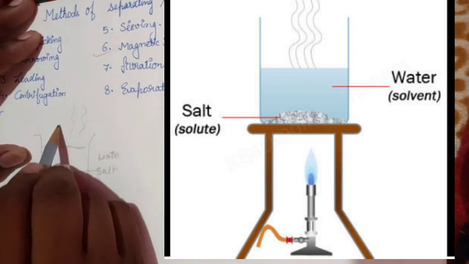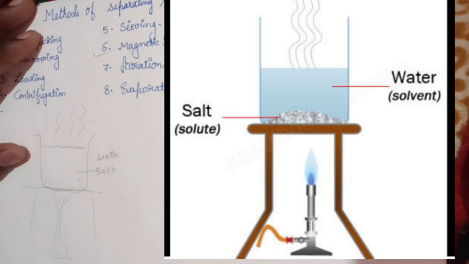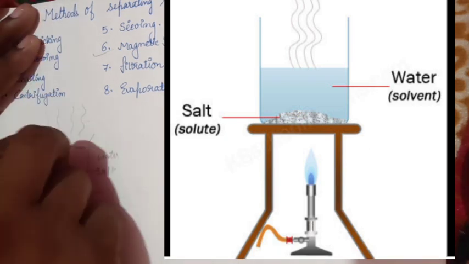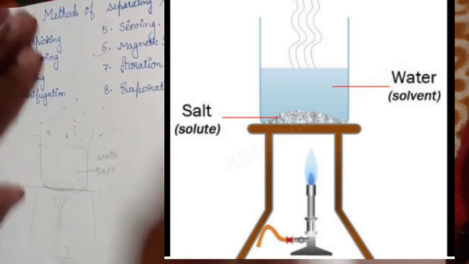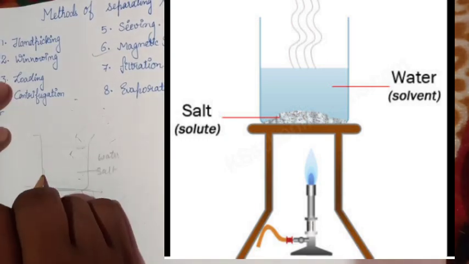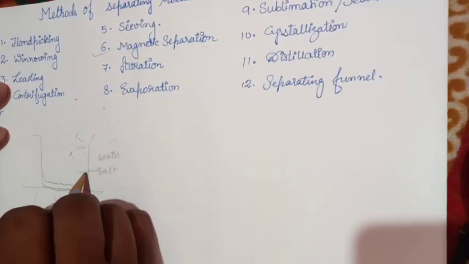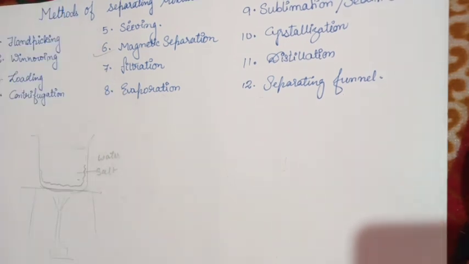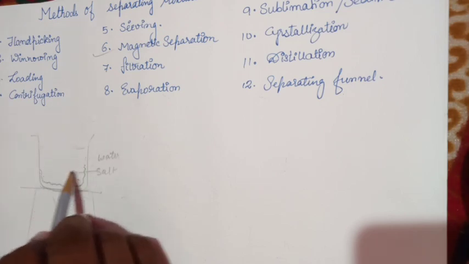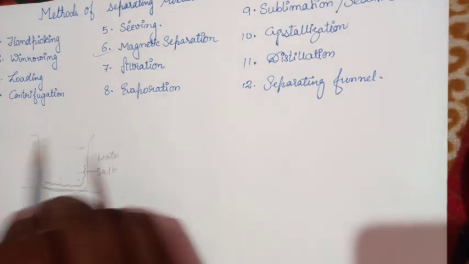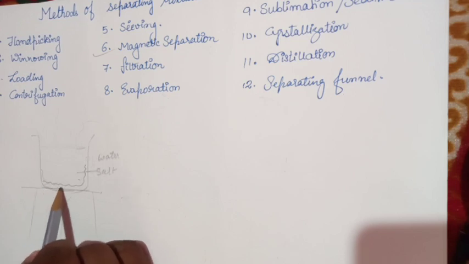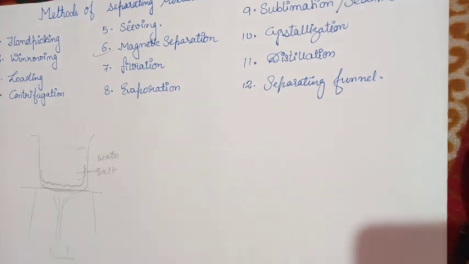Slowly the complete water will be evaporated and the leftover will be the salt in the base of the beaker. The full solution will be separated by evaporation and we will get the salt back.